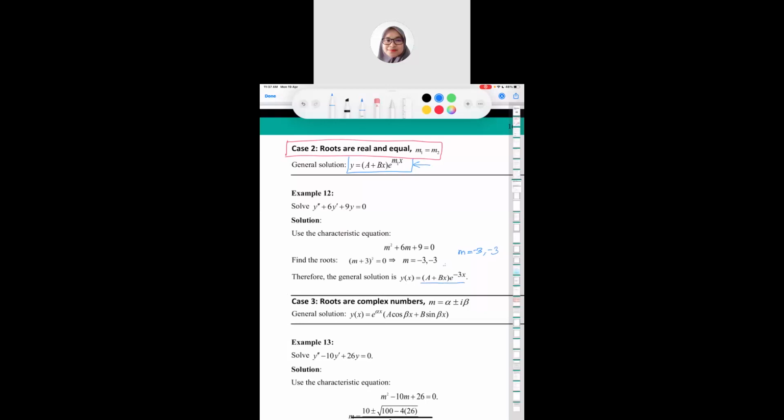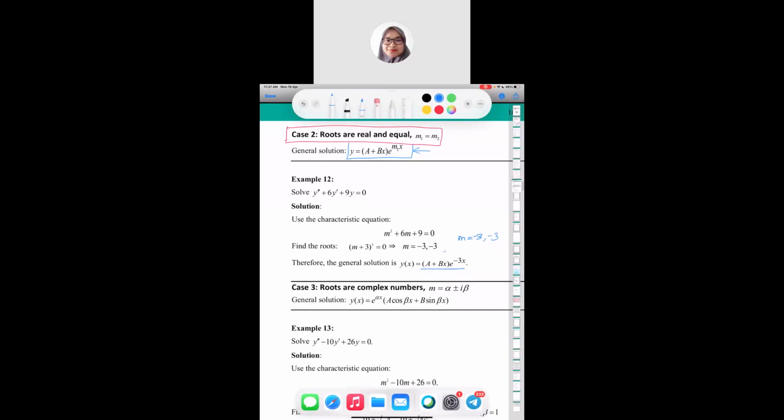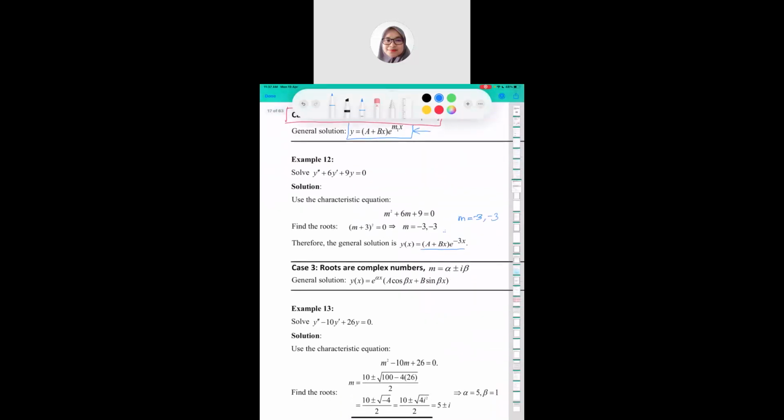Okay, and the third case, when the roots are complex number. Bila dalam complex number maksudnya you ada dalam bentuk m sama dengan alpha tambah tolak i beta. Kita akan dapat bentuk macam tu.